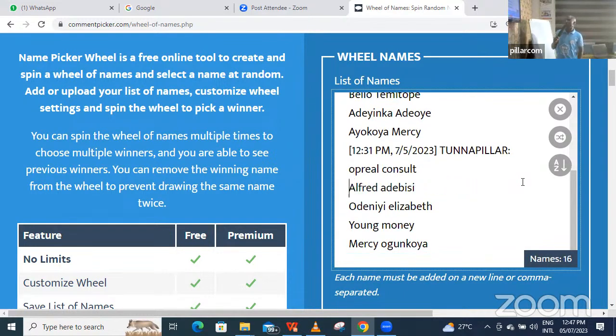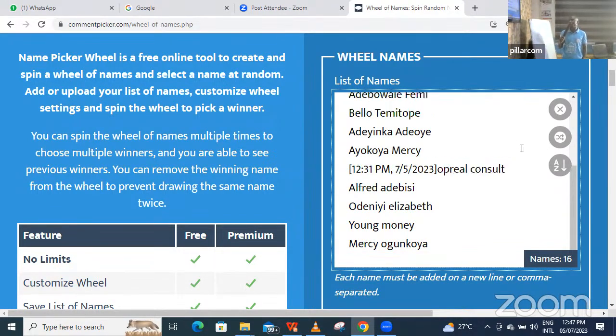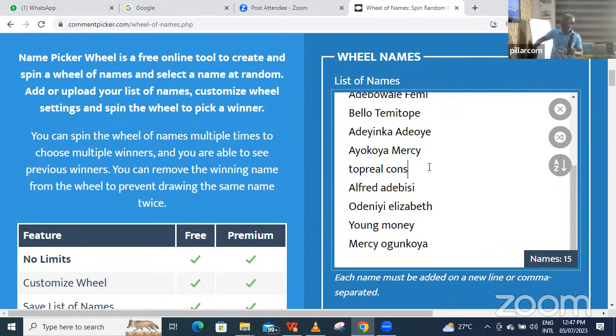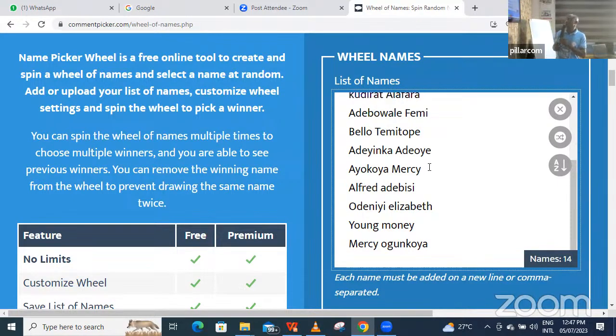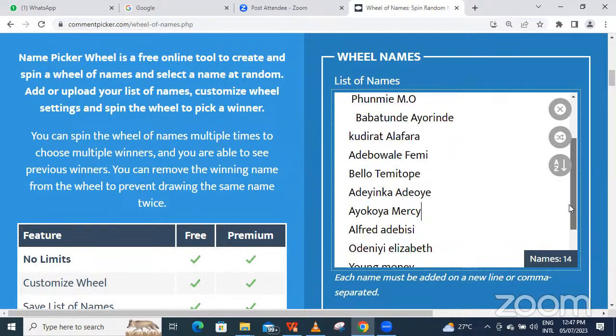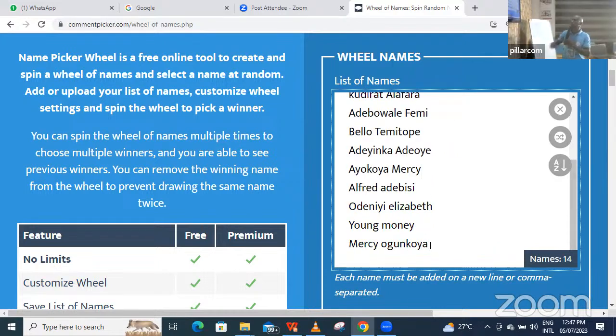Please, if your name appears twice, please let us know so that we can remove it. My name appears twice. Remove it, just clean it off. Okay. Mercy Ogunkoya, is it the same thing? No, they are not the same thing. It's the same thing, Mercy. Okay, so remove one.